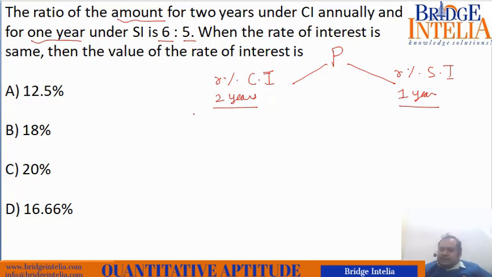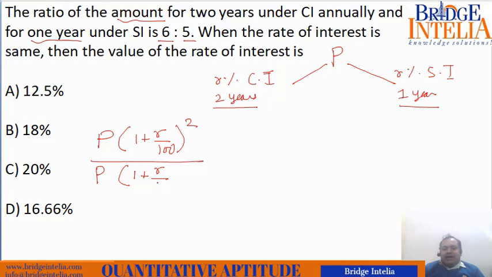So let's solve this mathematically. We have to find the rate. In case of compound interest, if P is the principal and R is the rate, then in 2 years the total amount is this much. In case of simple interest, the amount is P, rate is R, so the total amount would be 1 plus R by 100 only because it is 1 year.